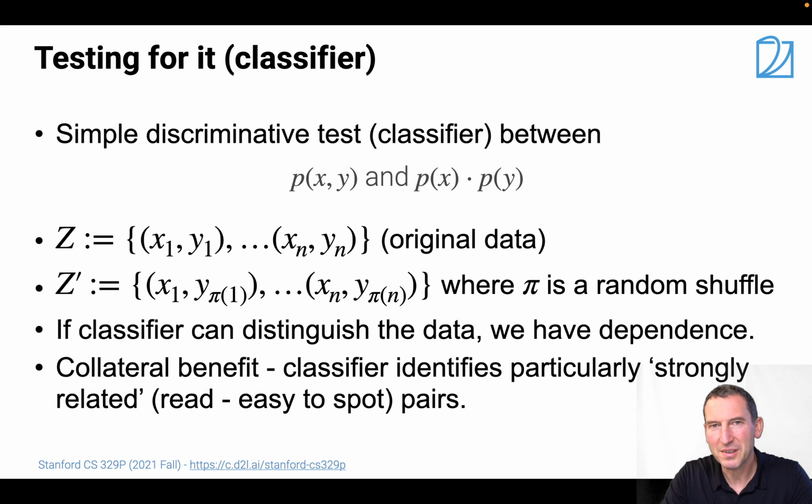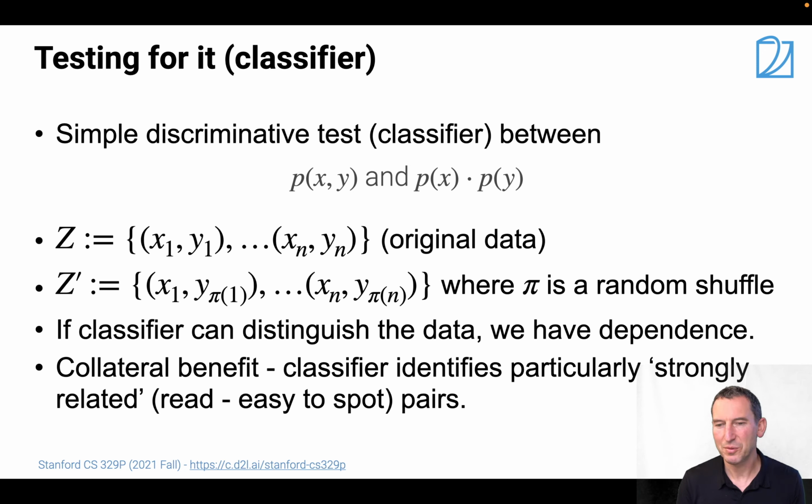Now, obviously, if we have such a nice and desirable property, we might want to go and test for it. A simple discriminative test is to train a classifier between x and y pairs that are matched and unmatched pairs. So what I might do is take as my original data the pairs x1, y1 up through xn, yn.